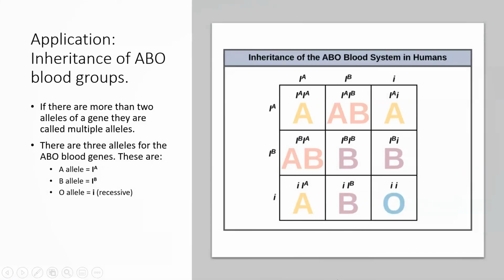If we look at the Punnett square here, we can see the different outcomes we could have. So you've got 3 possible outcomes now: you could have IAIA, you could have IAIB, or you could have IA lowercase i. So we've just extended the Punnett square because we've got 3 outcomes.